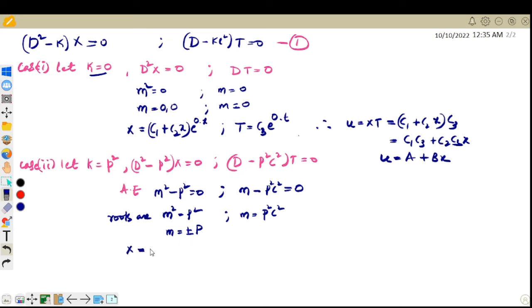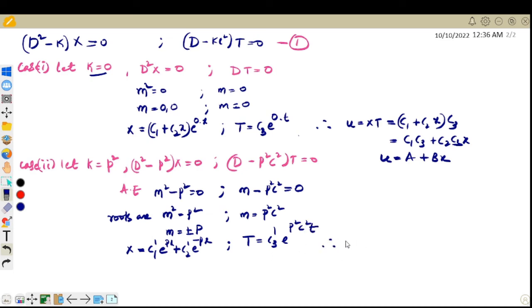Capital X is equal to c1 e raised to px plus c2 e raised to minus px. Since we have already used c1 and c2, I will write c1 dash and c2 dash. Similarly, for the second one, capital T is equal to c3 dash into e raised to p square c square t.